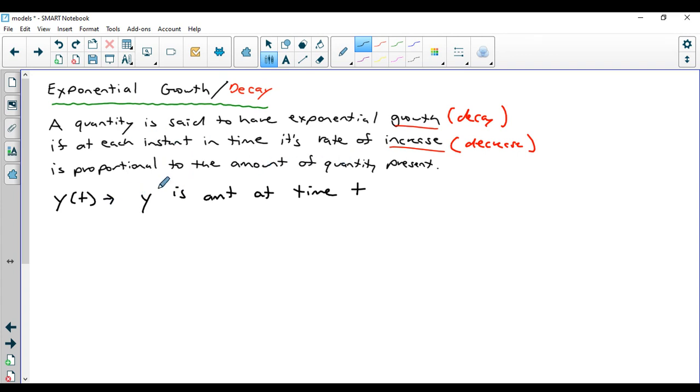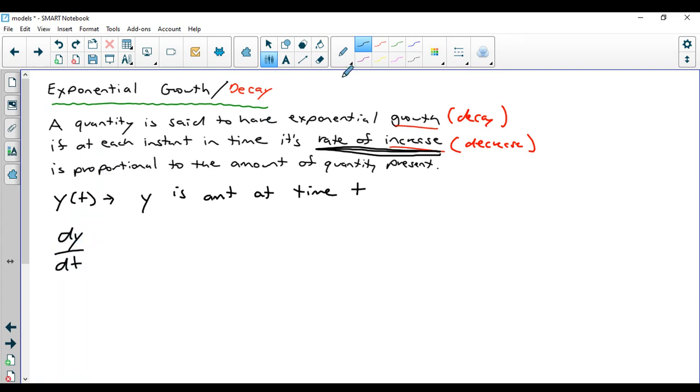All right, so let's translate this. So let's reread it. If at each instant's time its rate of increase, how do you represent rate of increase of some quantity, which by the way, now I'm calling y? Well, it would be the rate of increase with respect to time. So that would be represented as dy/dt. Okay.